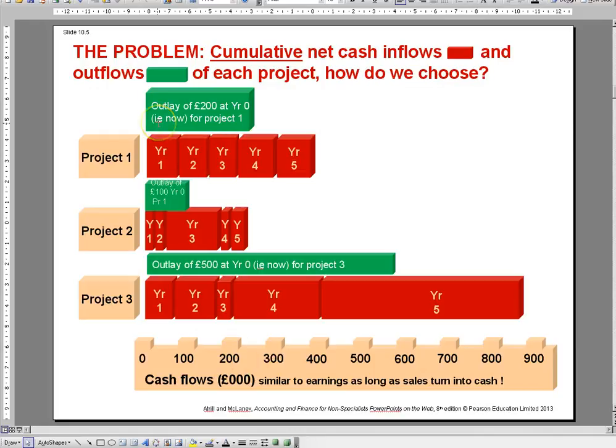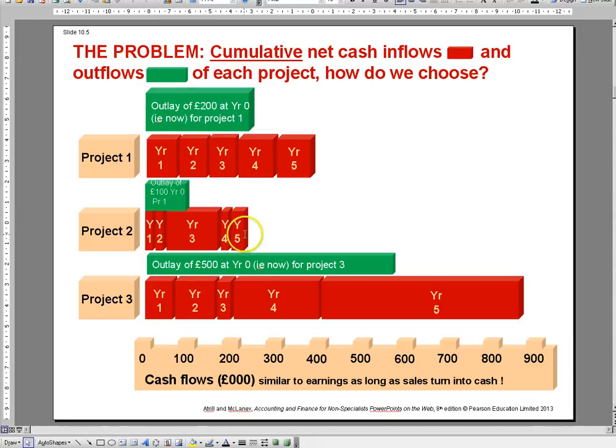Our convention, just to keep things simple, is that the big outlay is made at the start of the investment, and we approximate that to now. So for project 1, we say that there's 200 outlay at year naught. For project 2, there's a £100 outlay and a bit over 200,000 for our revenues, again over 5 years.